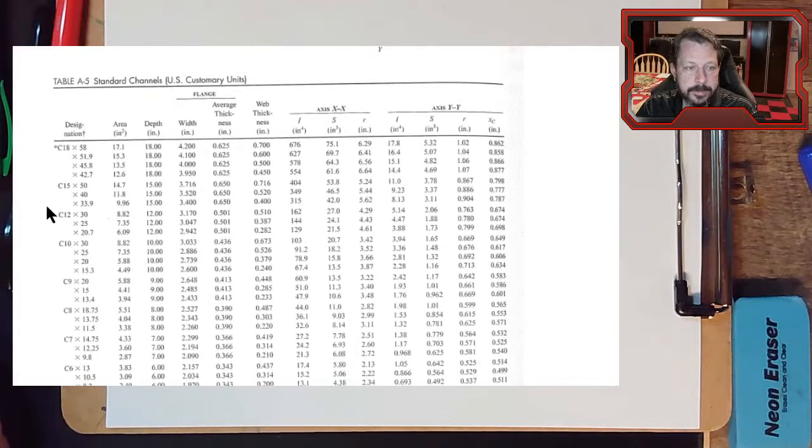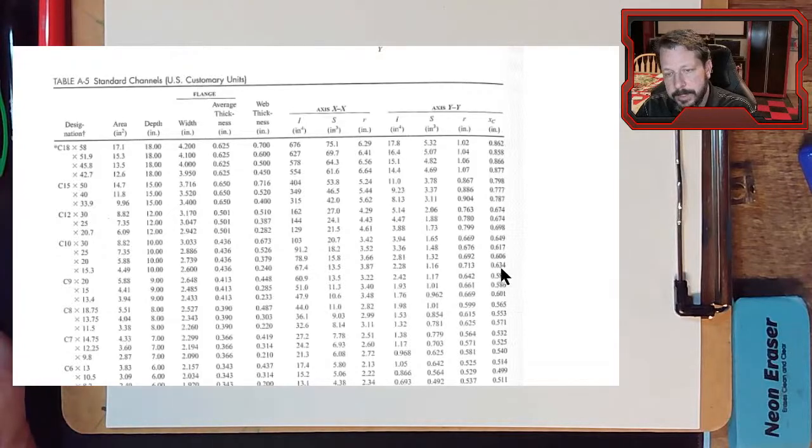We just need to know the name of the beam. So we're going to pick this beam, C9 by 20, and it has an area right here of 5.88 inches squared. And X sub C way over here is 0.583.